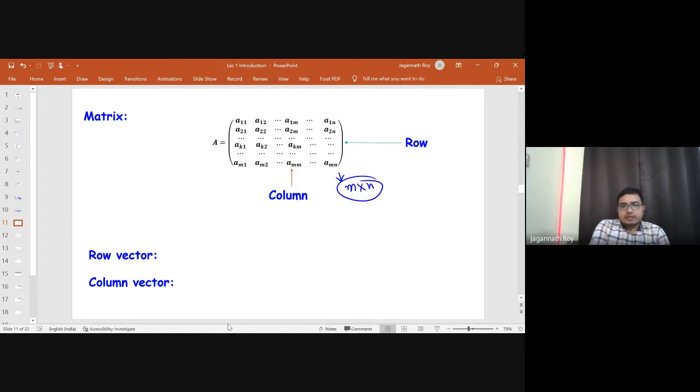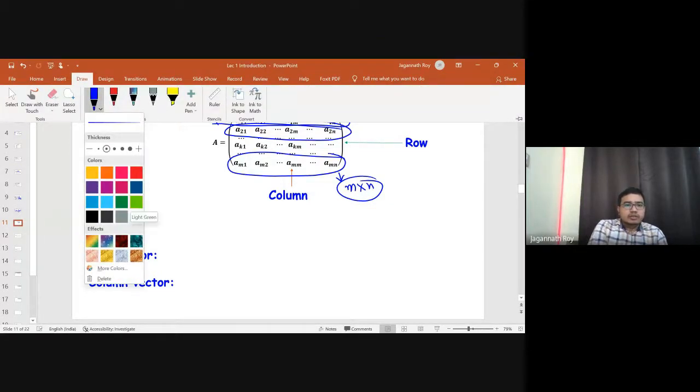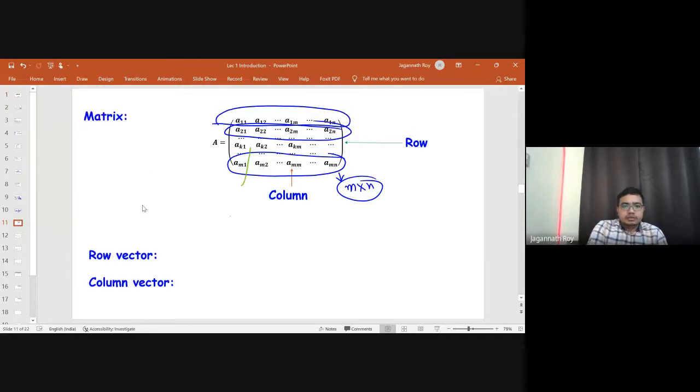Now if you collect all the rows, and also if you collect all the columns, then you will get two other types of vectors.